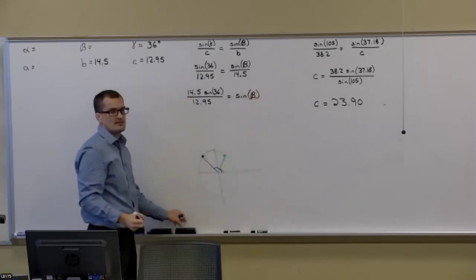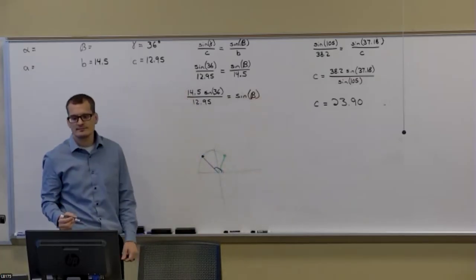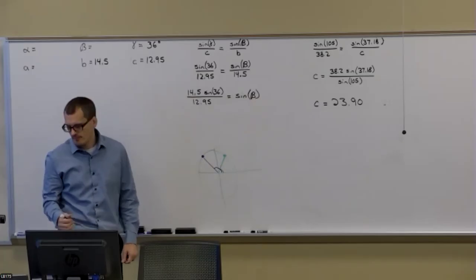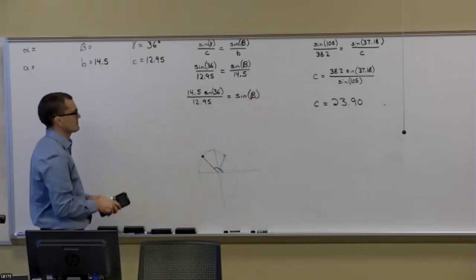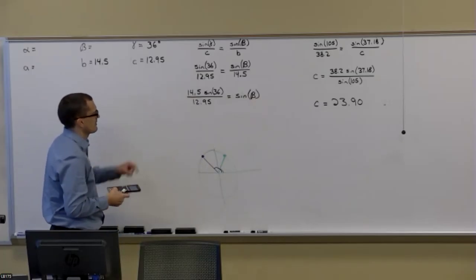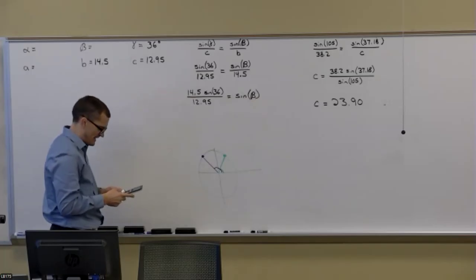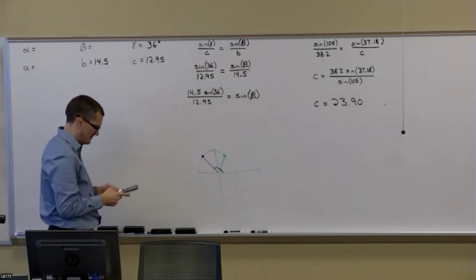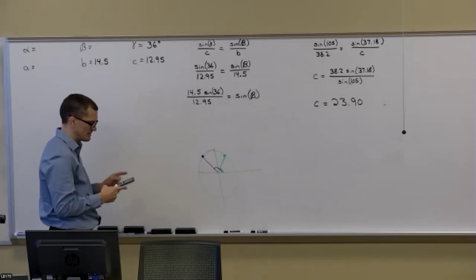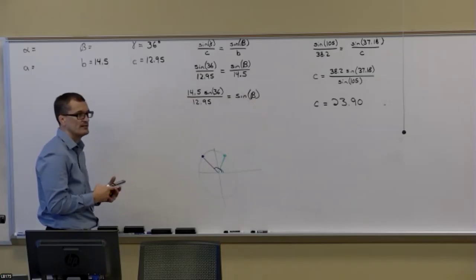So I get this. 14.5 times sine of 36 divided by 12.95 becomes about 0.6581.